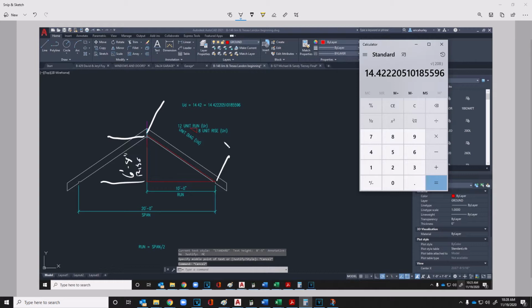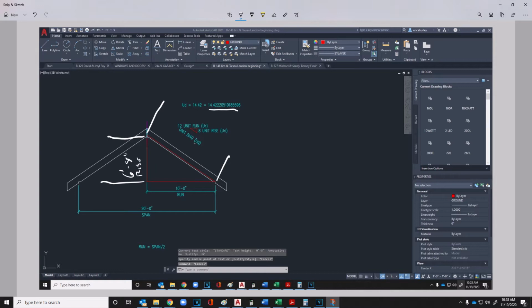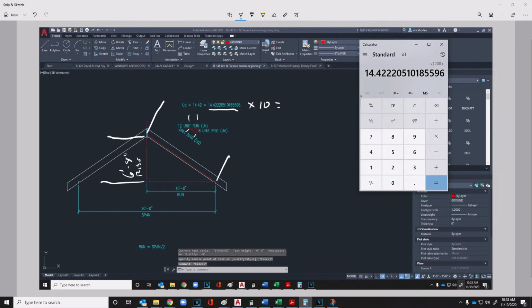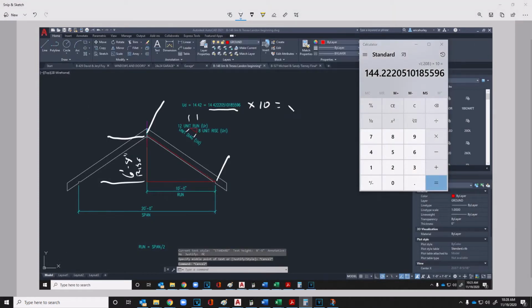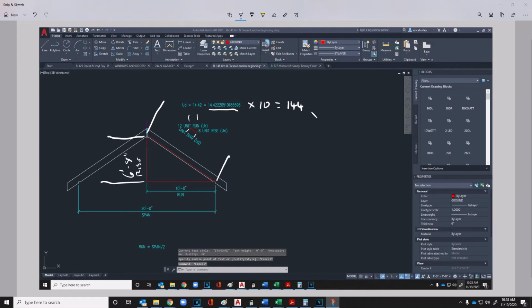Now, if this is equal to a foot at this point, if I take this number and multiply it by the number of feet in run, which happens to be 10, I should get a huge number. Now, wait a minute here. What's up with this number? 144.22, and it goes on out.